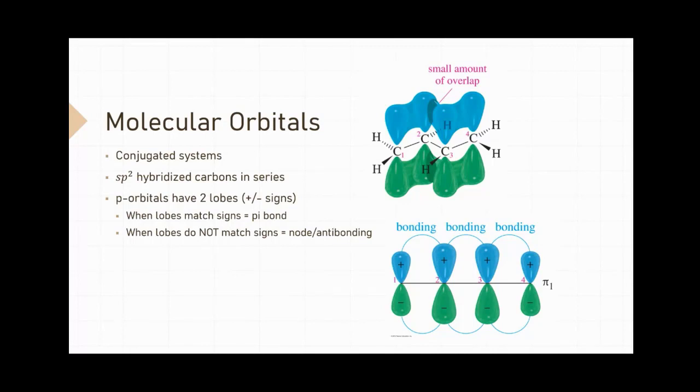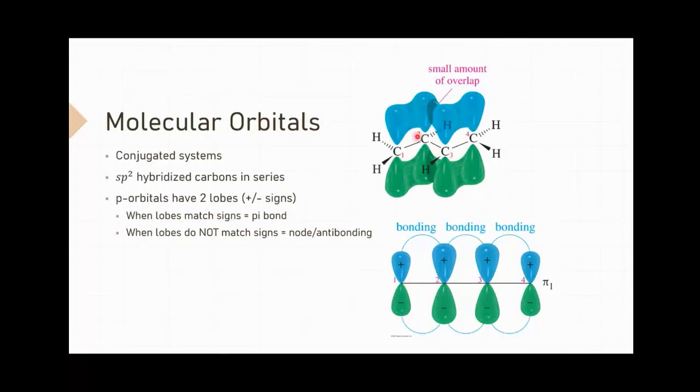All right. So with molecular orbitals, you usually see this in conjugated systems, like a diene. So for this specific molecule, this butadiene, each of these carbons is going to be sp2, and each carbon will have p orbitals on it because it's sp2, and so they're going to be positive or negative.